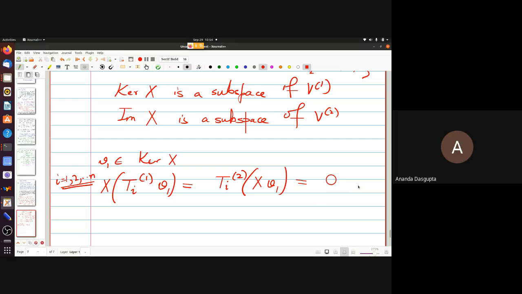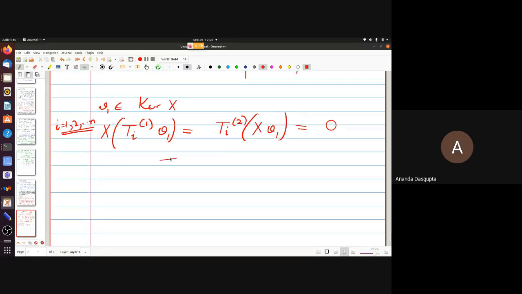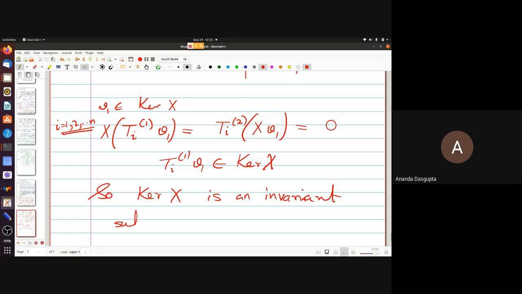Okay, zero vector of V2, but let's not bother saying that. So that means T1i v1 also belongs to Ker X. Kernel is an invariant subspace under each one of the Ti's, T11 to T1n. Is it okay?